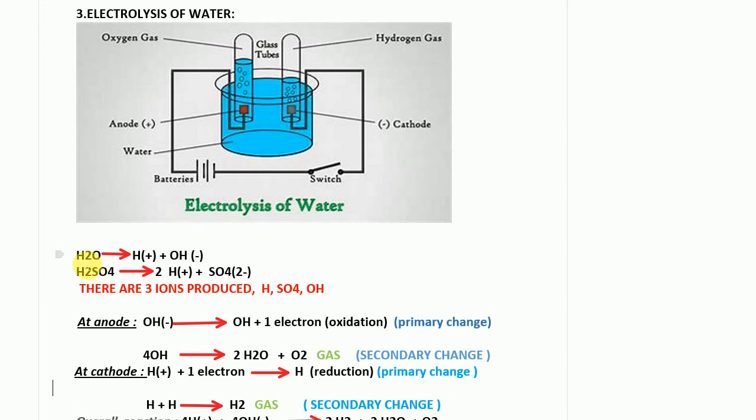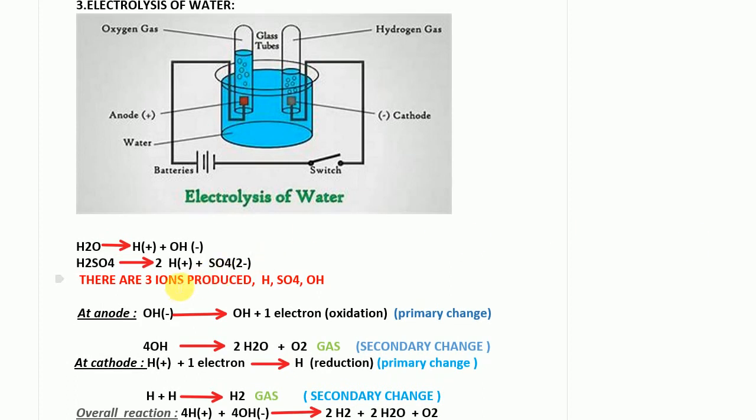And as usual, H2O, that is our normal water, is obviously going to get dissociated into H plus ions and OH minus ions. Now we are left with these ions produced: H plus, SO4 2 minus, and OH minus. So according to the discharge theory, at the anode, which is positively charged, it requires negatively charged anions.